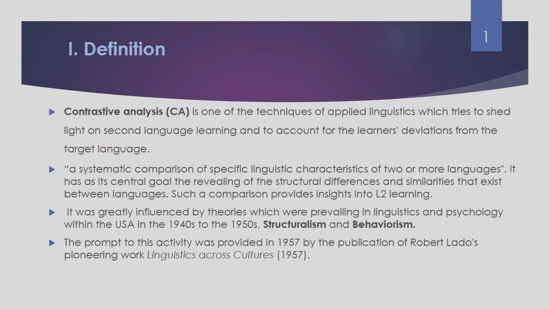The prompt to this type of activity was provided in 1957 exactly by the publication of Robert Lado's pioneering work, his book Linguistics Across Cultures. In this book, Lado shows how to do contrastive analysis in all the levels of language.